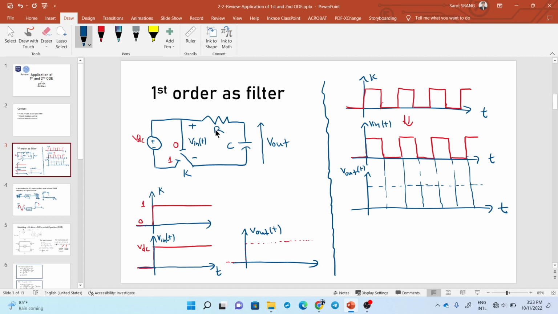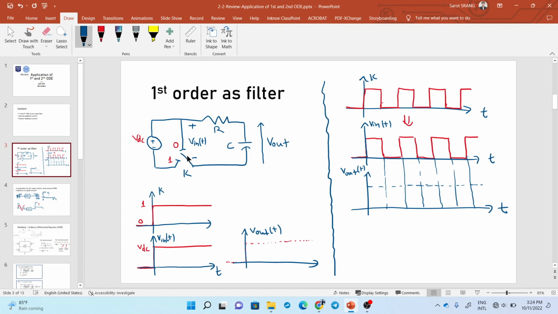So look at here. First, you observe the response of the system first. In here, before the system is started, the contact K is at 0, which means the supply voltage to the system is 0.